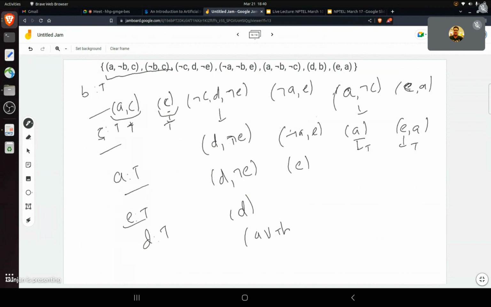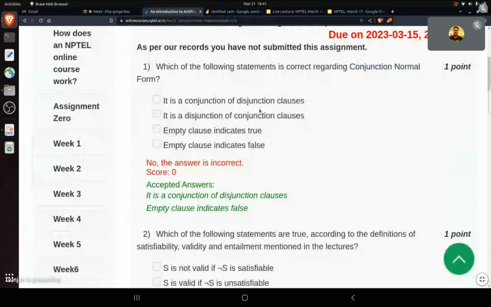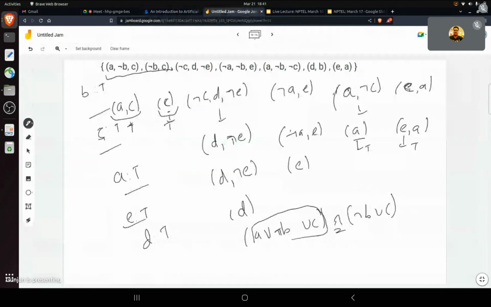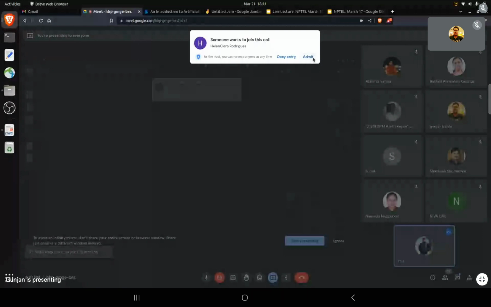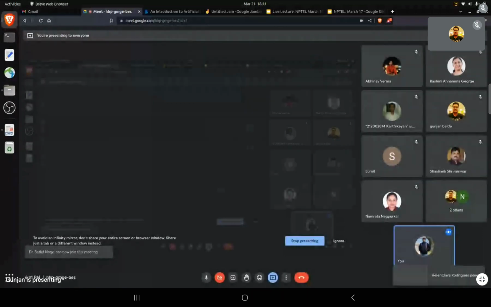So this will become A or not B or C and not B or C. So this is a conjunction of disjunctions. That's why it is written like that. It is a conjunction of disjunction clauses. And we have seen already that an empty clause indicates false. So these are the only two correct options here.